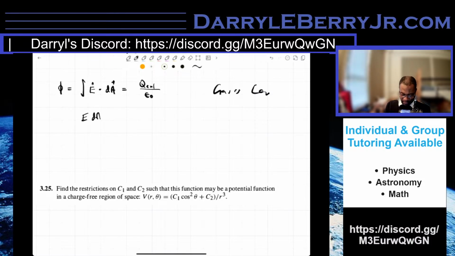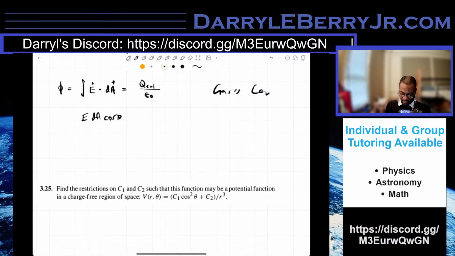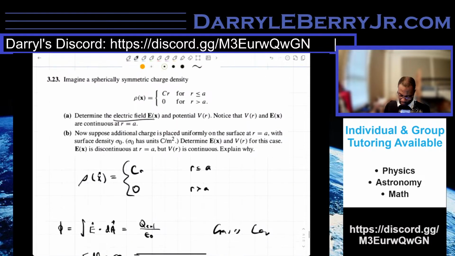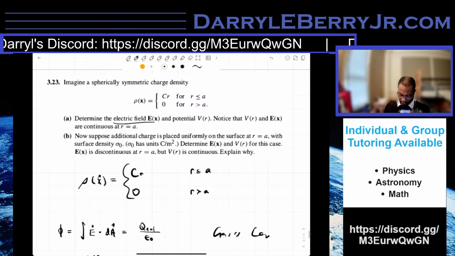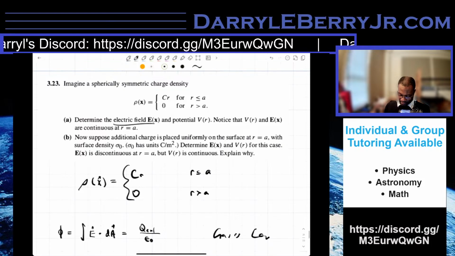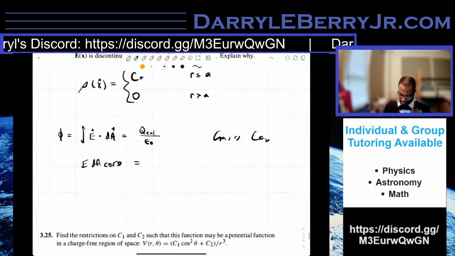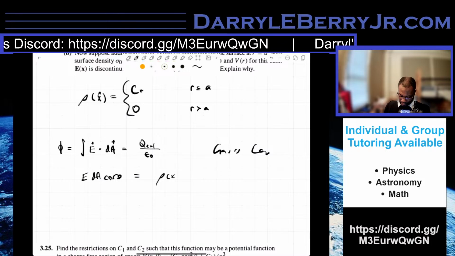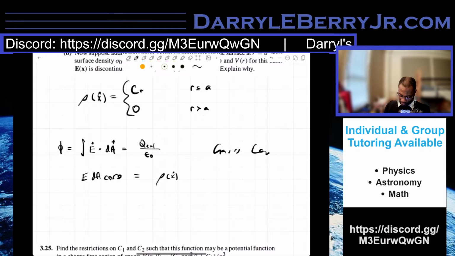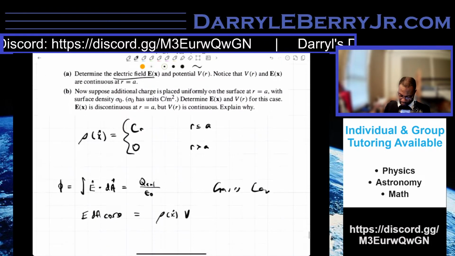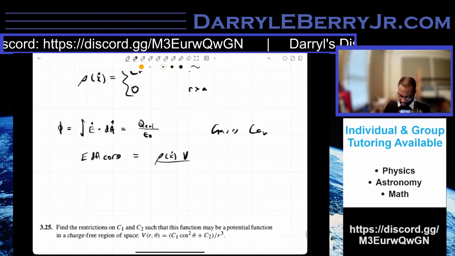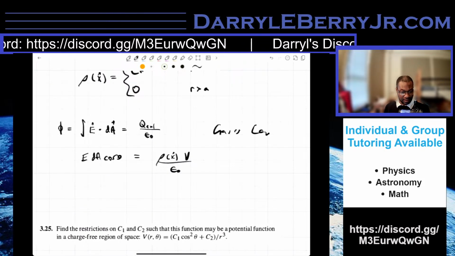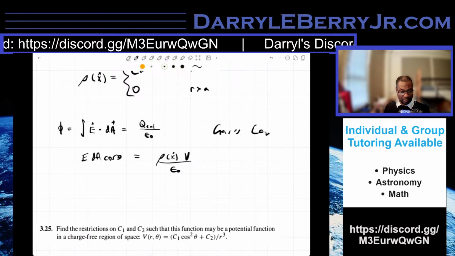E dA cosine theta equals... spherically symmetric charge density. So this will be E over epsilon naught, assuming that's a solid charge.